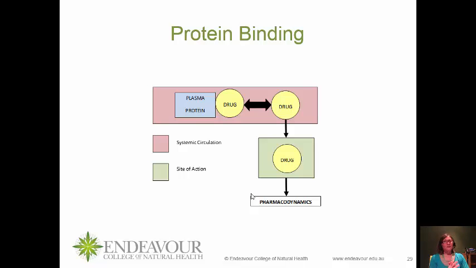So once again, stressing that this protein binding affects distribution parameters, and so this pharmacokinetic parameter can have implications for the pharmacodynamics, how long it takes for that substance to have an onset of action in its target tissue. But once again, as shown by the arrow, many of these plasma protein binding sites don't irreversibly bind drugs, and there can be this equilibrium between bound drug and unbound drug so as to release more unbound drug available to the systemic circulation and then available to the site of action.